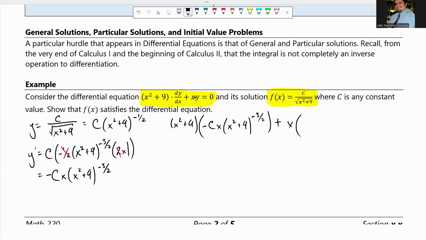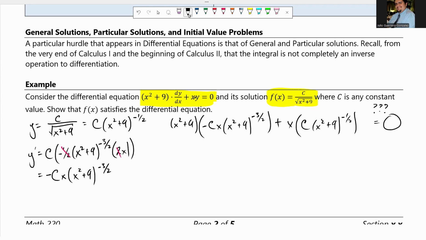And I'm going to use the second rewrite, c x squared plus 9 to the negative 1/2. Hopefully, this has got to be equal to 0. So this is what we're trying to show here.